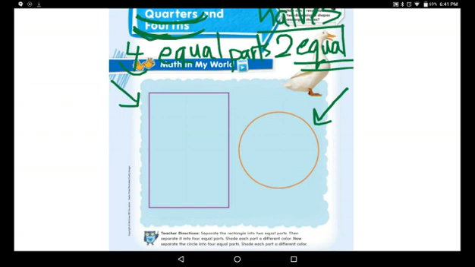Now, I want you first to separate with me the rectangle into two parts. Let us separate it into two parts using the ruler and pencil. Now, this is the first part and this is the second part. If I have two equal parts, that means I have halves. But our lesson today is not about halves.